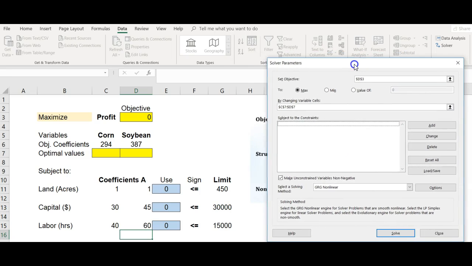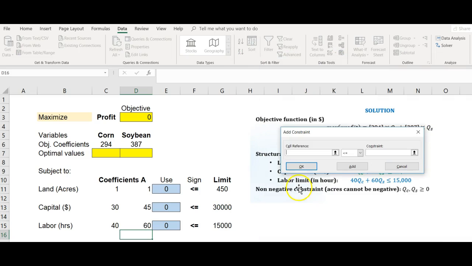Then we add the constraints. We select the blue cell, we check that the sign is correct, and then we select the limit. We proceed in the same way for the other two constraints. And we press OK.